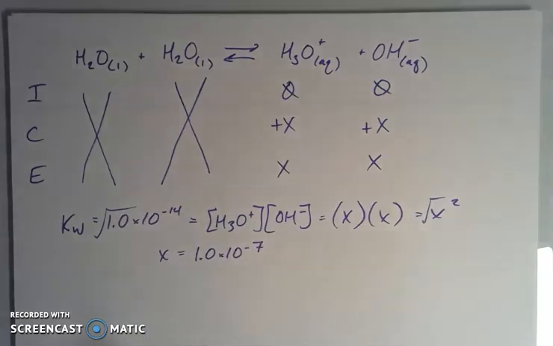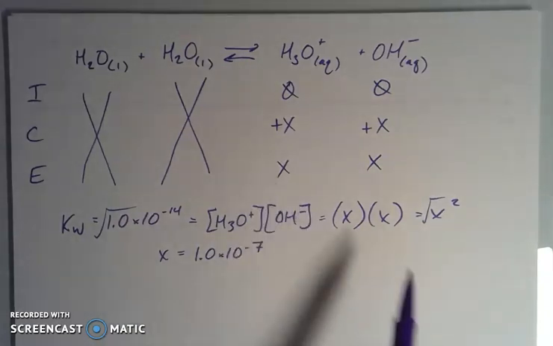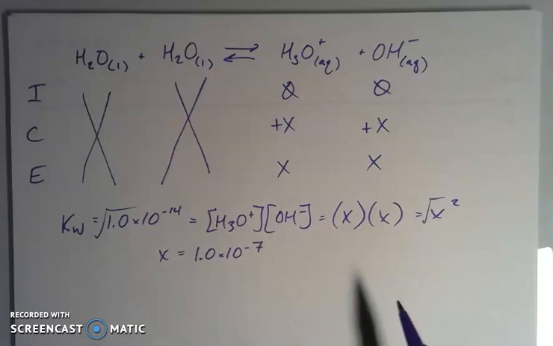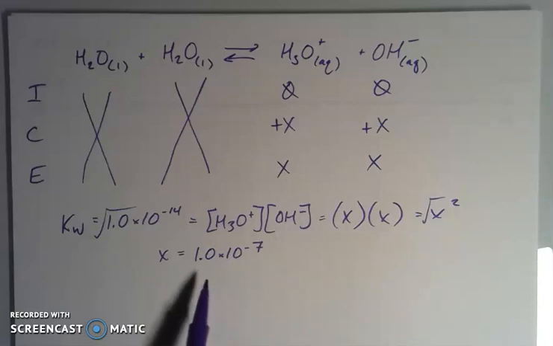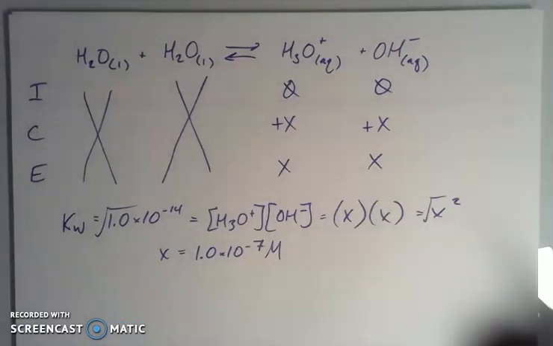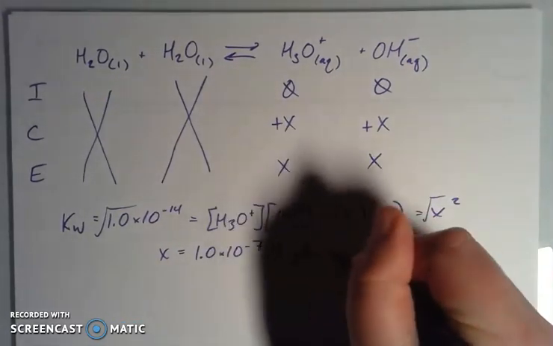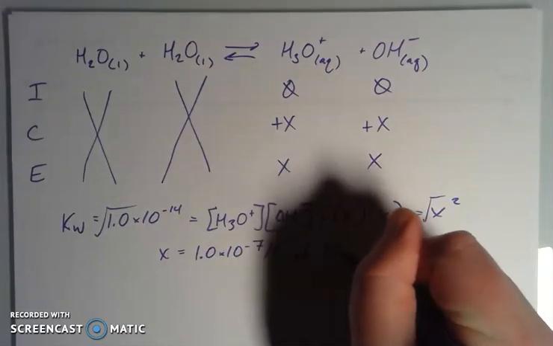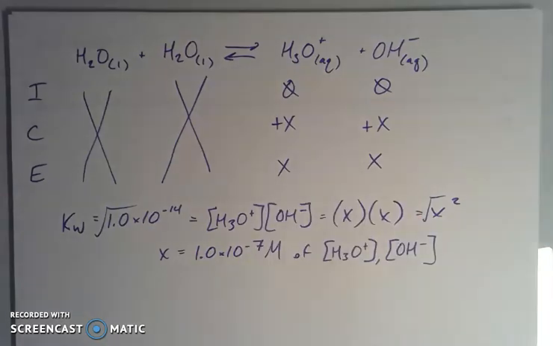But we know it can't be negative because it's a concentration, right? My numbers have meaning, so even though mathematically I can have a negative number, it represents a physical quantity, which is a concentration. So my X is equal to this. This is my concentration of both my hydronium and my hydroxide at equilibrium.